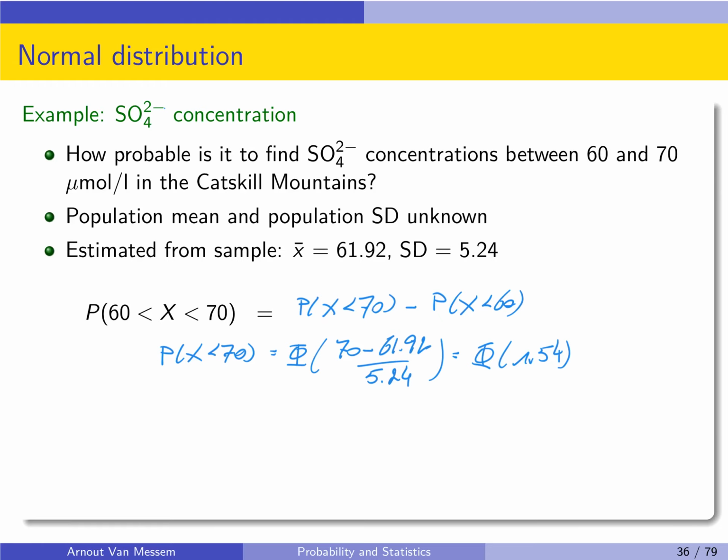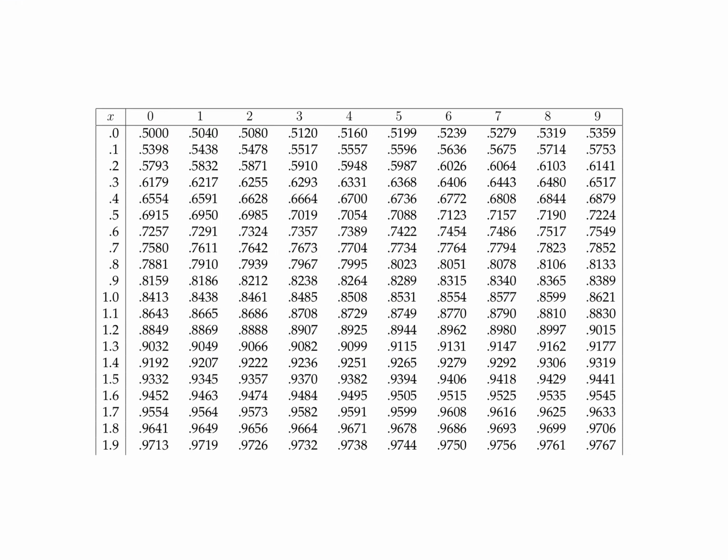The next thing to do is look up this value in the table for the standard normal distribution. What you see here is part of the table from the course notes, and the table here gives you the values of phi of x. What we are looking for is phi of 1.54.